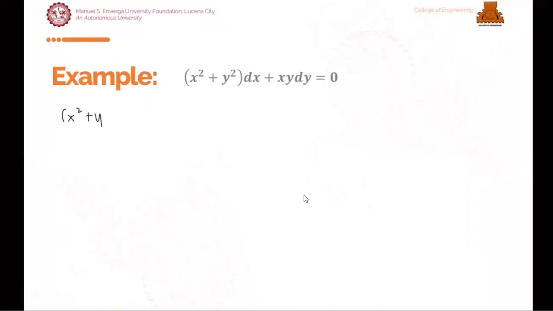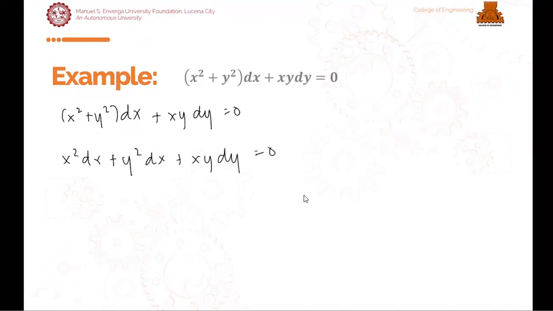So, x squared plus y squared dx plus xy dy is equals to 0. I-distribute natin yung dx. So, we have x squared dx plus y squared dx plus xy dy is equals to 0.